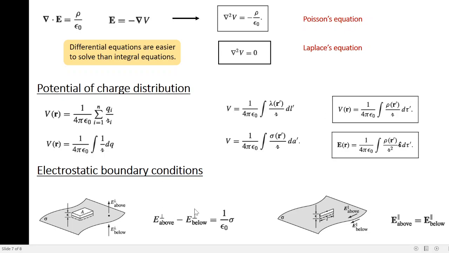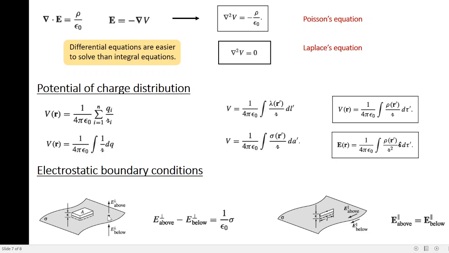So far we have been talking about field and potential in a particular region. Imagine you have two regions separated by an interface. Now what's going to be the behavior of the electric field? Is the electric field going to be continuous across the interface or discontinuous? That's a question we need to answer. So let's assume that we have a two-dimensional interface characterized by a surface charge density sigma, and I have field above and field below.